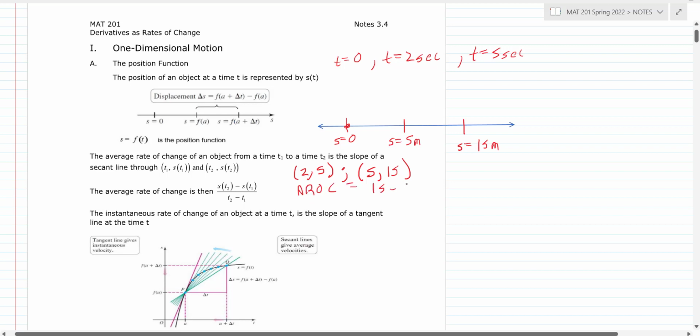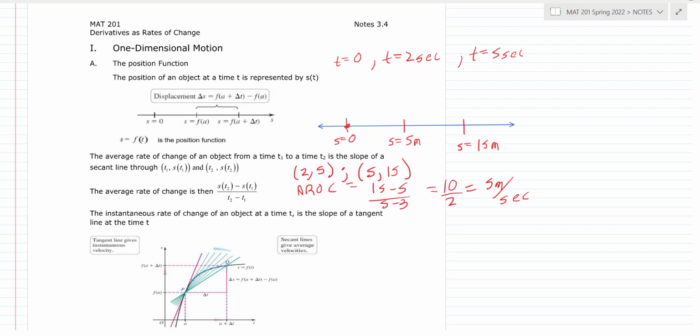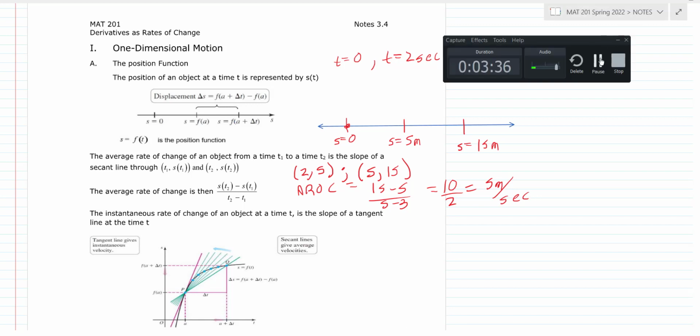So you'd have 15 minus 5 over 5 minus 2. That would be 10 over 3, which is about 3.3 meters per second. That would be your average rate of change.